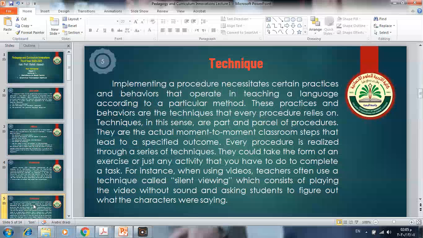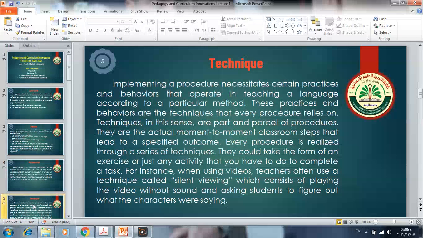So for example, to have the student translate, to have the student communicate in the English language. They could take the form of an exercise or just an activity that you have to do to complete the task. So they are of different shapes, they are of different kinds.